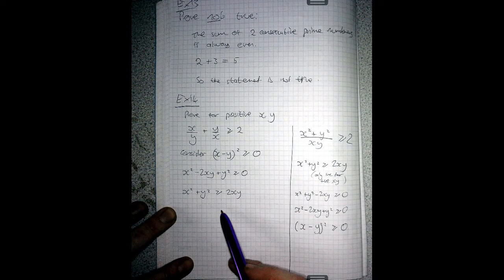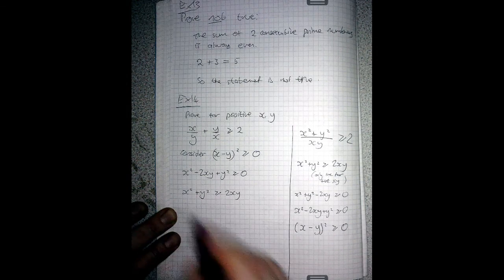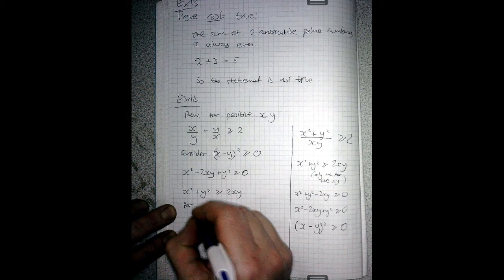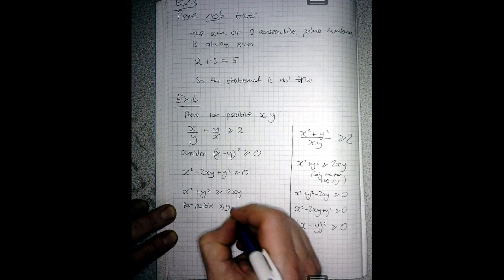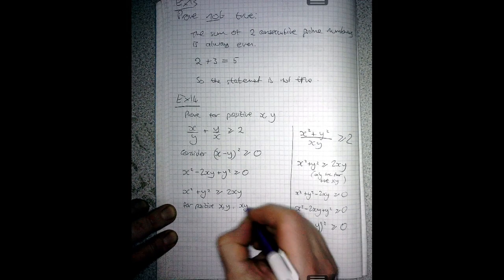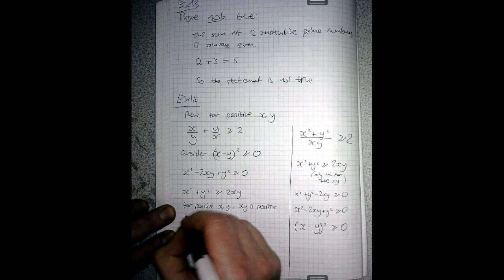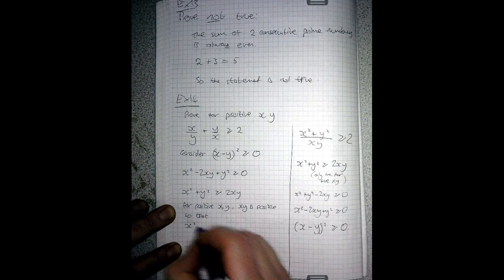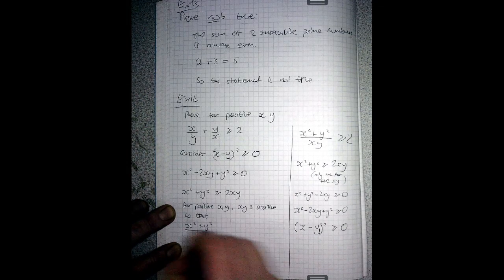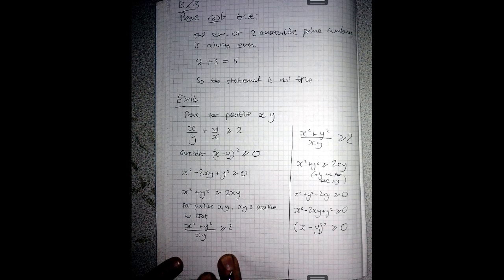This next step will do though, won't it? For positive x and y, xy is positive, so that my next step is valid. x squared plus y squared over xy greater than or equal to 2.